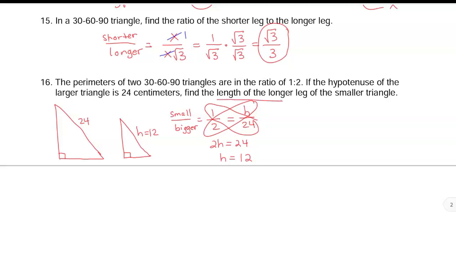I'm supposed to find the length of the longer leg of the small triangle. Okay, if the hypotenuse is 12, what's the shorter leg? The shorter leg would be half of that, or 6. And then the longer leg you always get by multiplying by root 3. So 6 times root 3 is 6 root 3. So the answer here is 6 root 3.